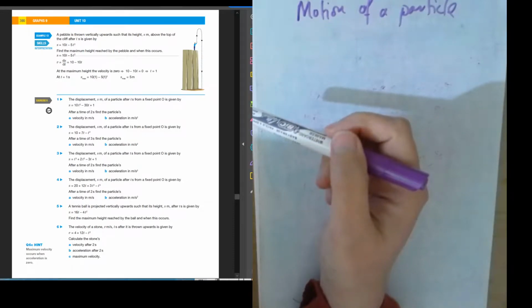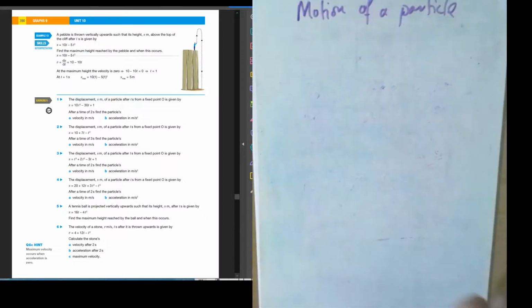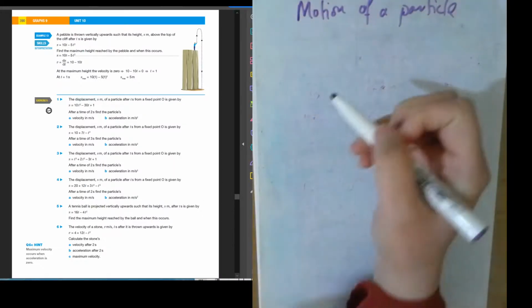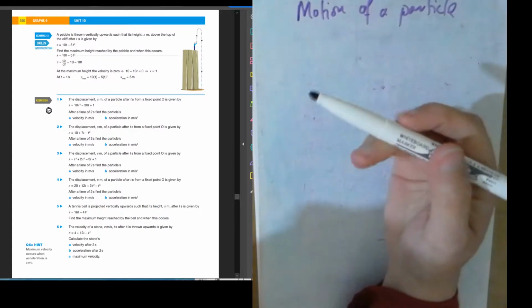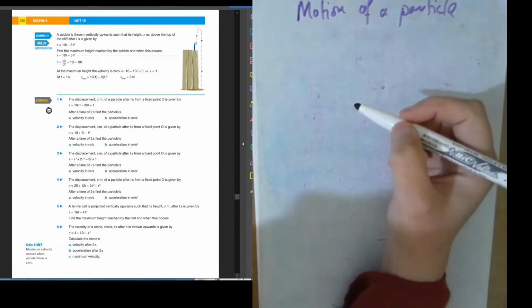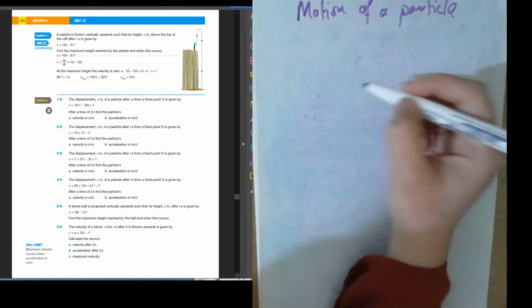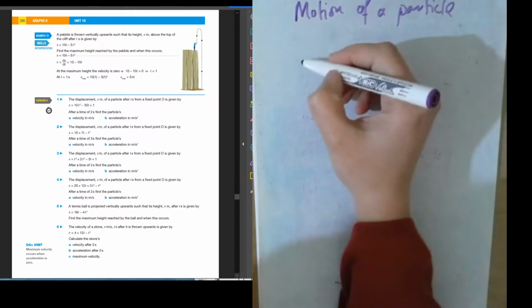Find the maximum height reached by the pebble. At the maximum height, the velocity is so on and so forth. Oh, okay, that's quite a nice easy one. At maximum height, okay, so the velocity is 0.